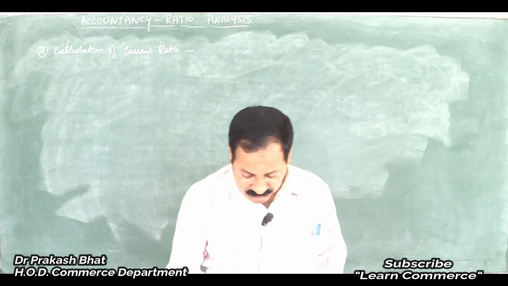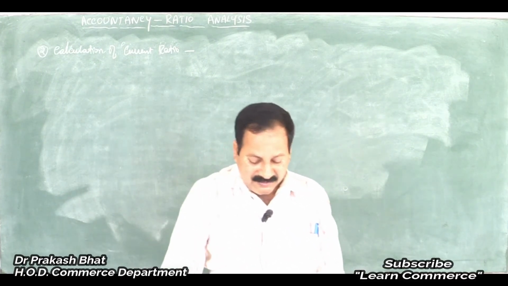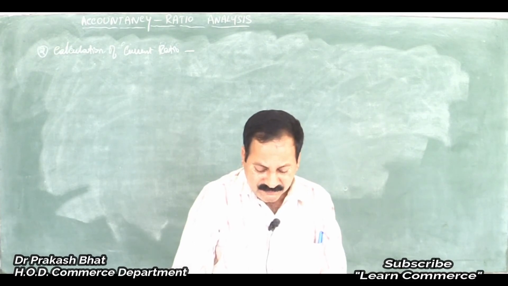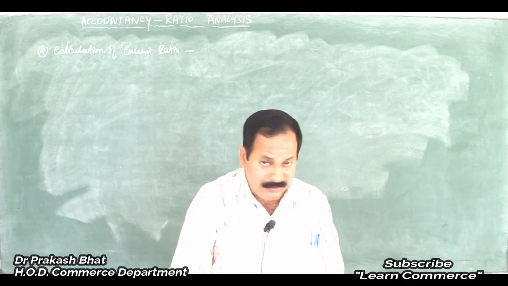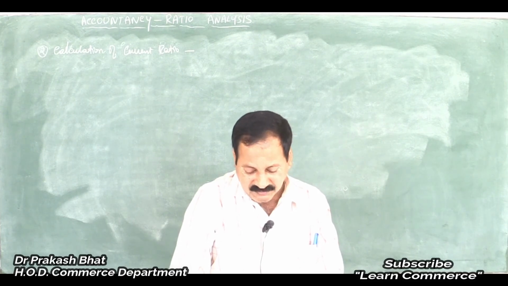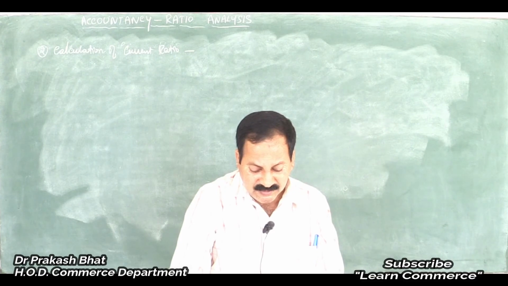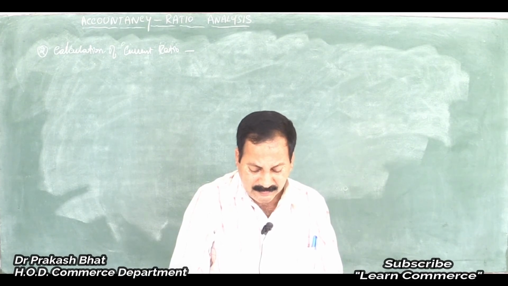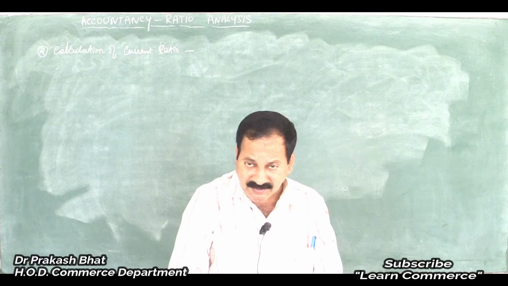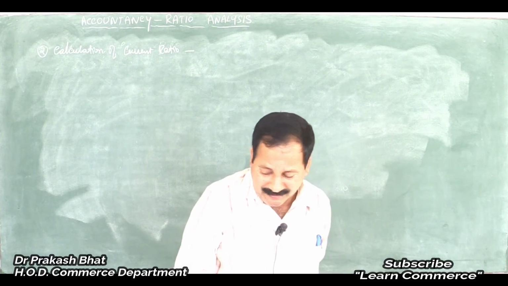Stock, current asset. Debtors, current asset. Is stock a quick asset? No, it is not a quick asset, remember. Bills receivable, current asset. Advance tax, current asset. Then cash, current asset. Creditors, current liability. Bills payable, current liability, and bank overdraft, current liability.